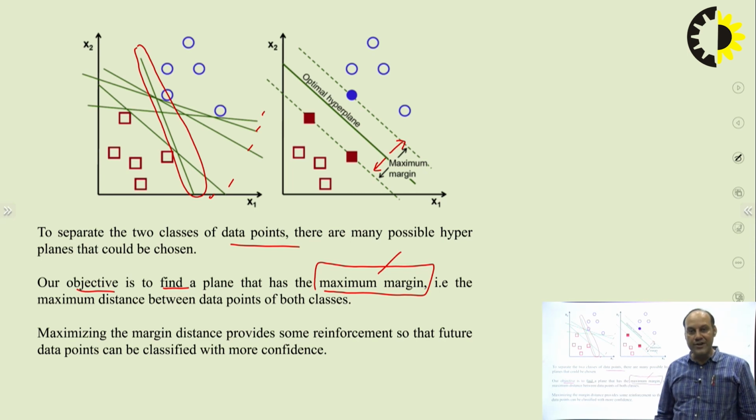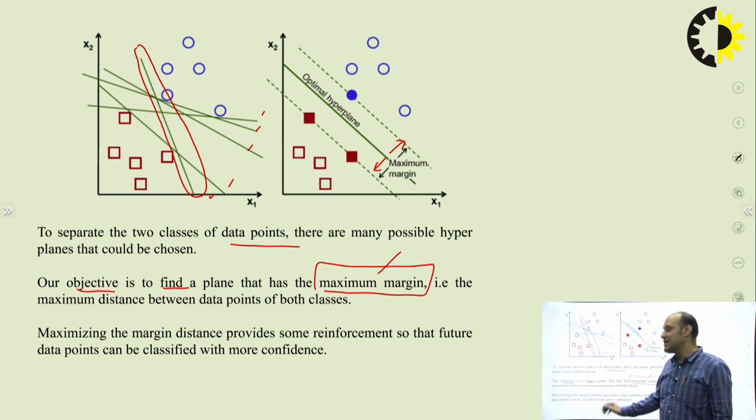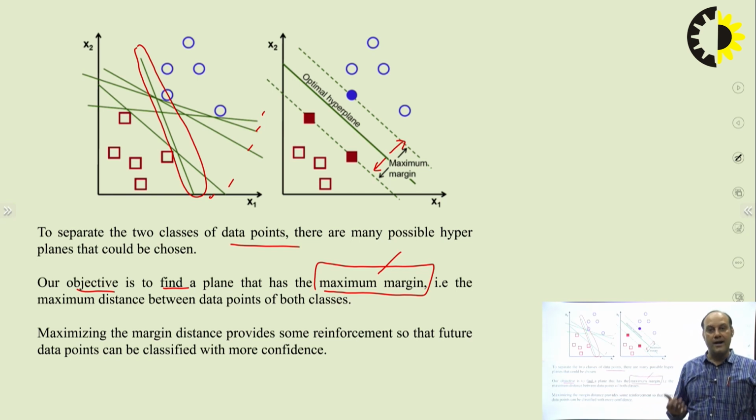Okay. So what we need to do is maximize the margin distance, and for that we have to implement some techniques, some sort of reinforcement. Reinforcement means that future data points can be classified with more confidence. As you all know, we have already discussed reinforcement learning, where the system of rewards comes into existence.